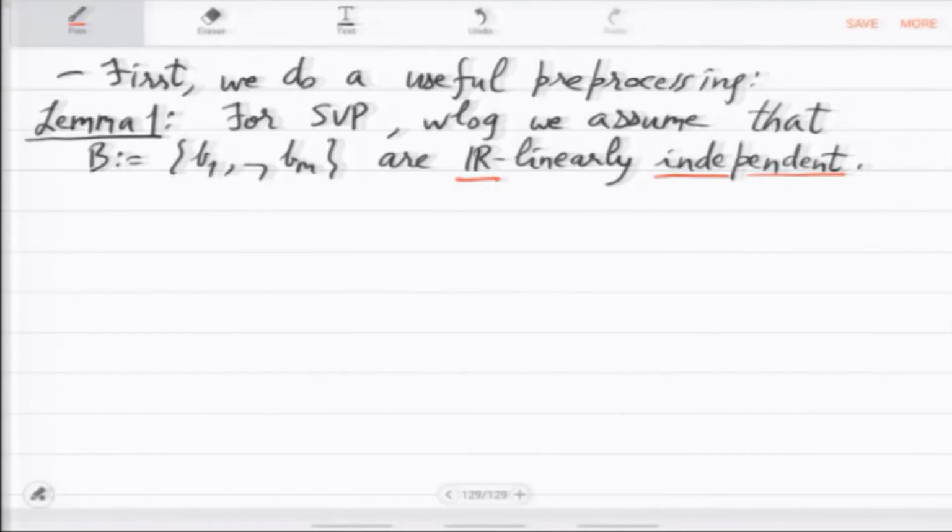But in this lemma we will show that if there is a dependence amongst b1 to bm, then you can reduce the input instance from m to m minus 1. And if again there is a linear dependence, you can reduce it to m minus 2 and so on. So you can work with a smaller instance. One important assumption here will be that these are integral. This will be important in the proof, that we start with the integral vectors.